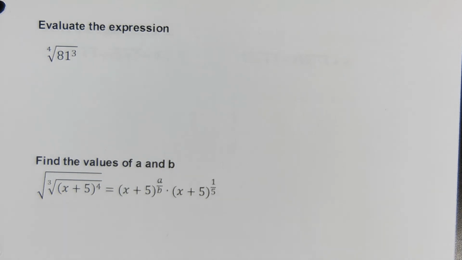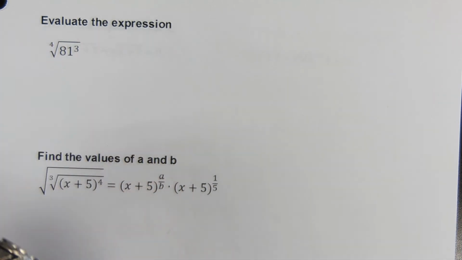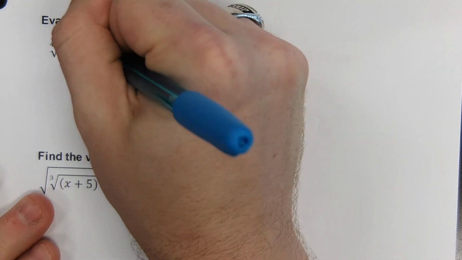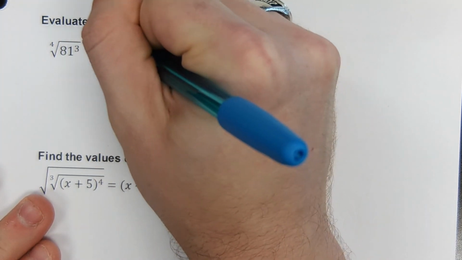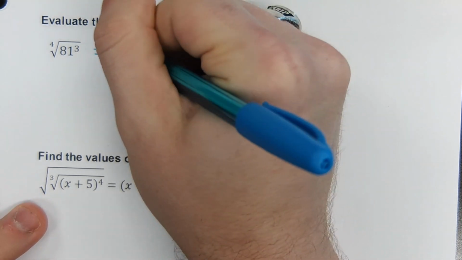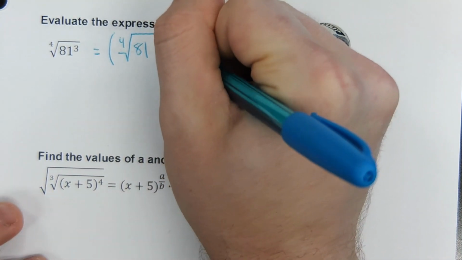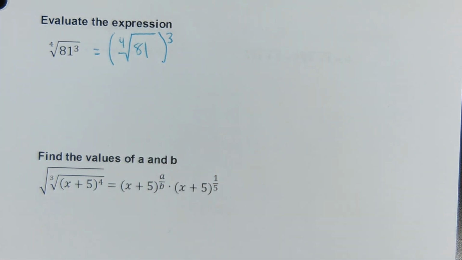But how'd I do that? I don't have any notes sitting next to me with the answers. How'd I know that that answer was 27? The way I did it was I realized that the order of multiplication of the exponents doesn't matter. So I could either take 81, raise it to the third power, and then take the fourth root, or I could take the fourth root of 81 and then raise it to the third power, because they are both exponents, and when you raise a power to a power, you multiply them.